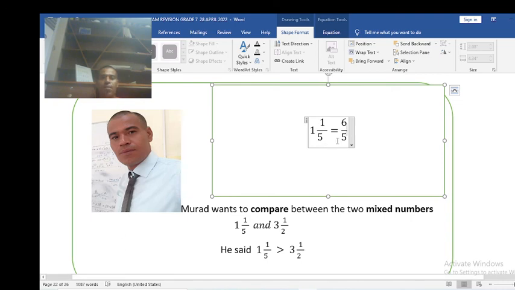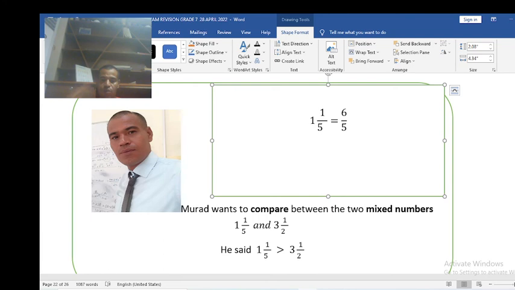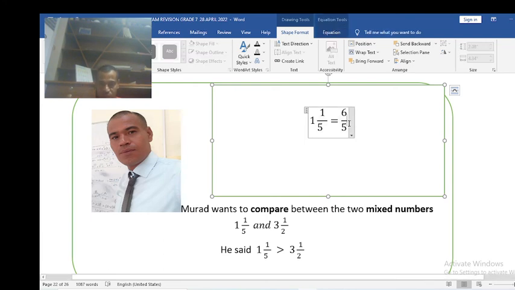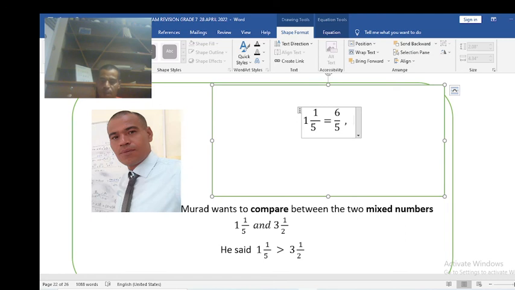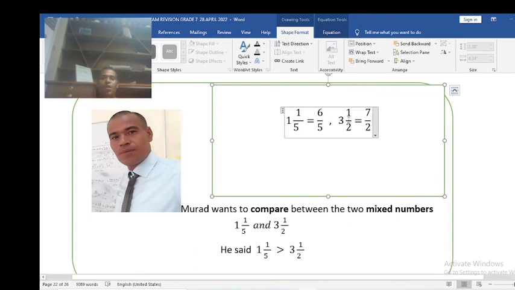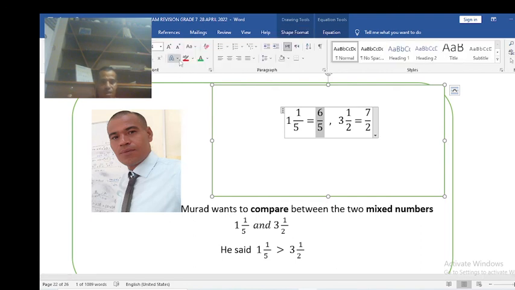For the second one we have 3 1/2. This mixed number equals 3 times 2 is 6, 6 plus 1 is 7, 7 divided by 2. Now I'm going to find the common denominator of this and of that, 7 divided by 2.